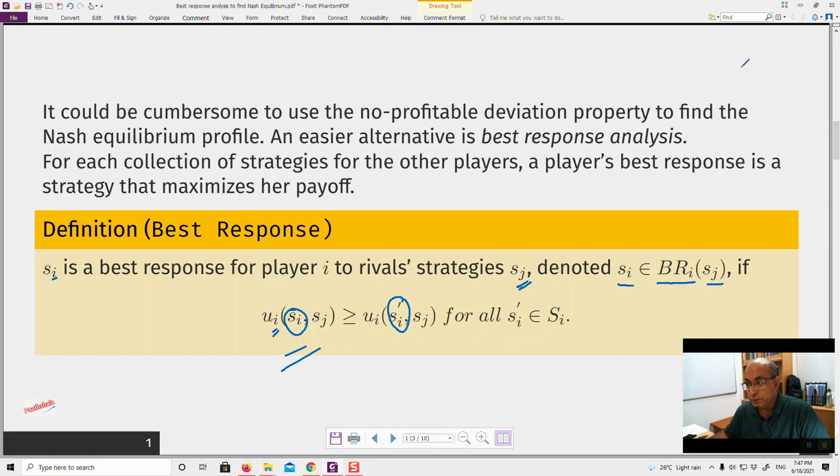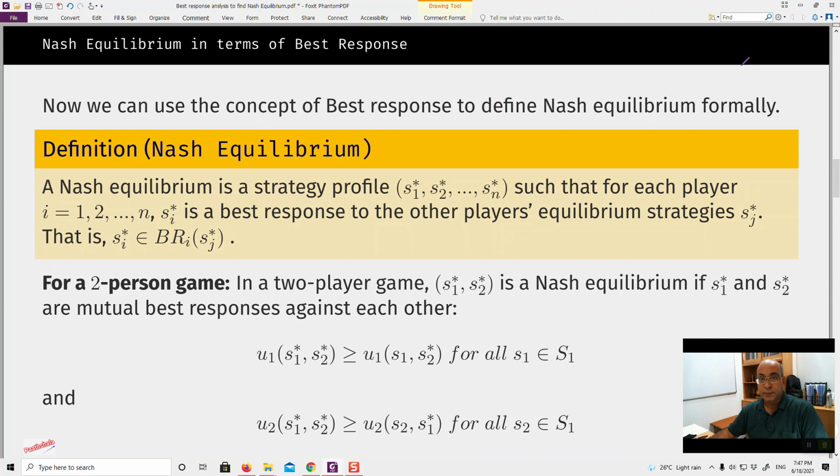So now once we have understood the idea of best response, we can use this to formally define the Nash equilibrium. Let's see how we do that. We say that a Nash equilibrium is a strategy profile S1 star, S2 star to Sn star, such that for each player I, where these are the number of players, Si star is the best response to other players' equilibrium strategies Sj star.